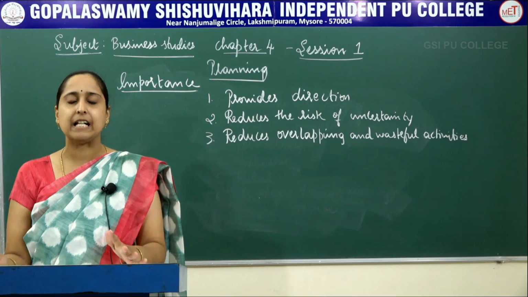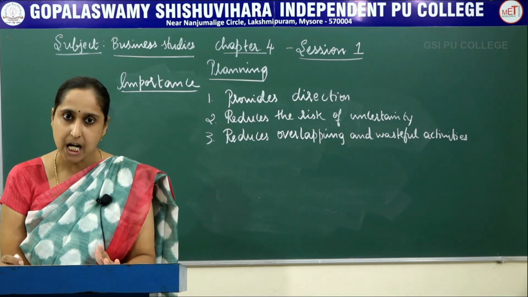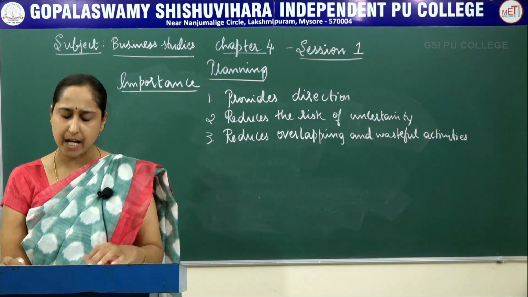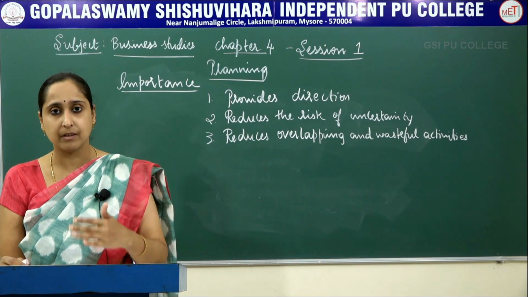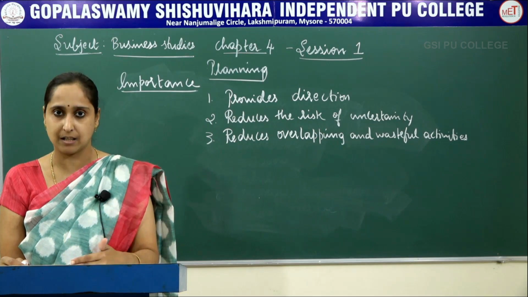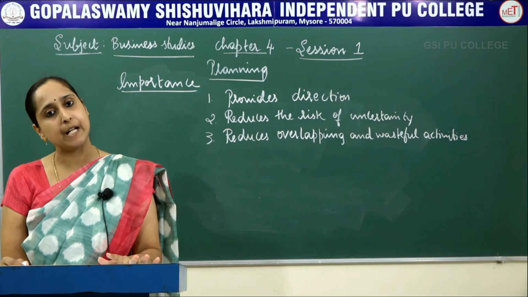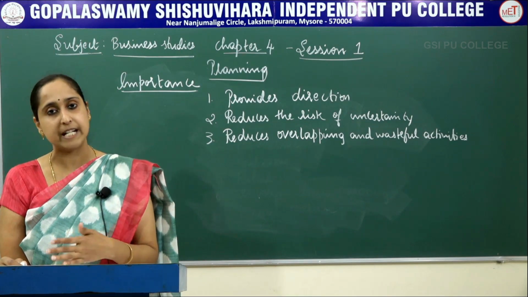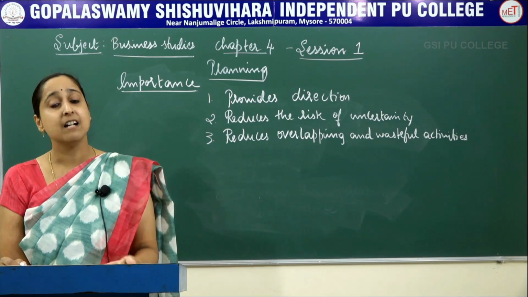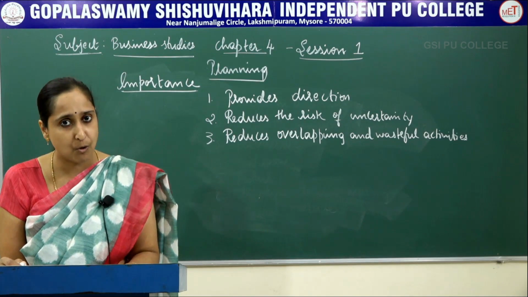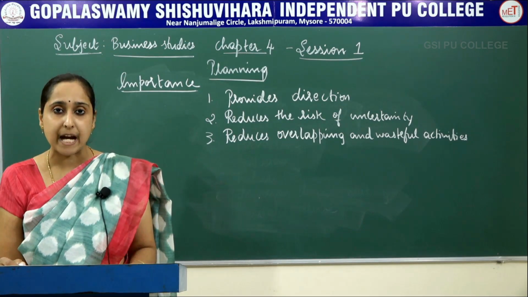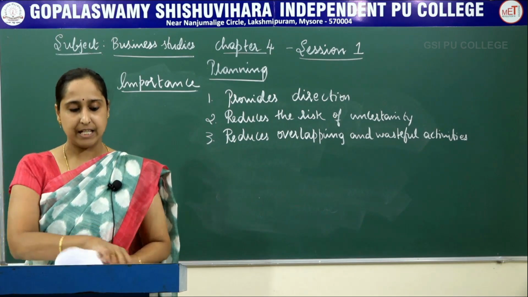It helps in avoiding confusion and misunderstanding. What is overlapping? Overlapping means a repetition of tasks. If planning is done properly, then there will not be any repetition of activities and most of the activities will not go to waste. So planning reduces overlapping and wasteful activities.